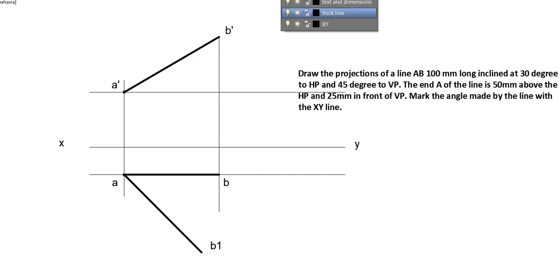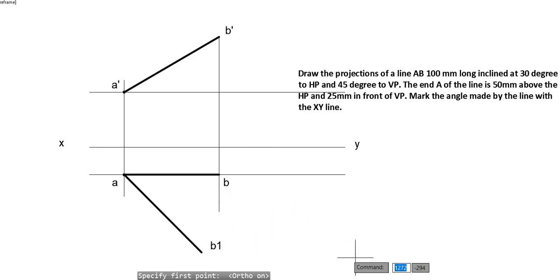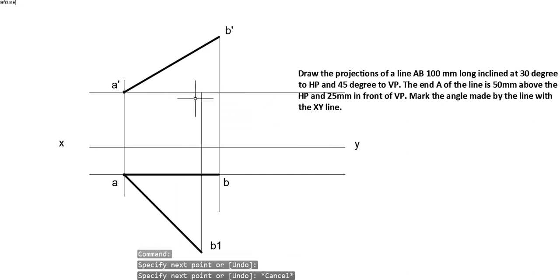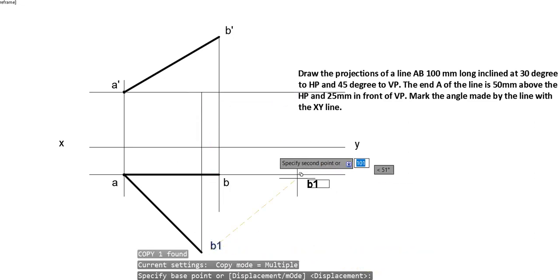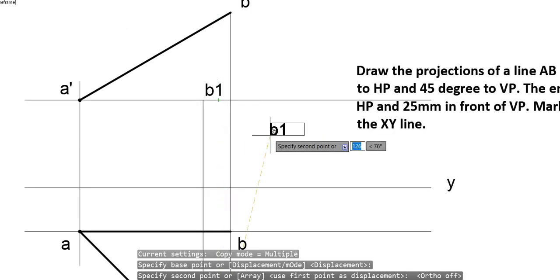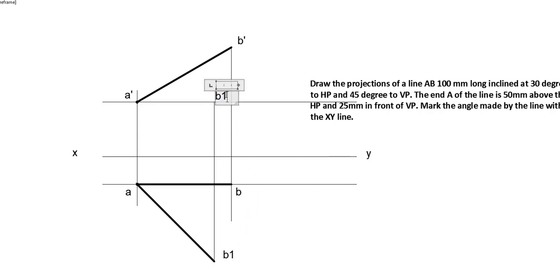Now in order to get its front view, I will draw a projector upwards. This intersection point will be the front view of the point B1. This will be B1 dash.